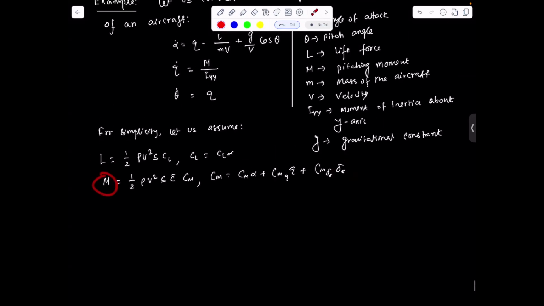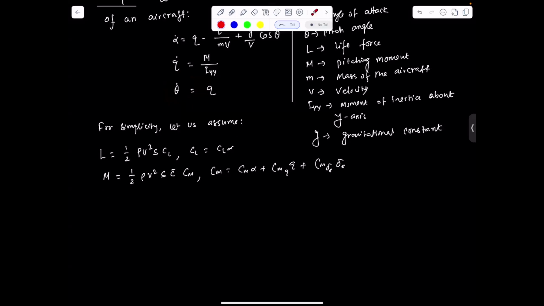Our main motivation is how to control the angle theta. So this is the parameter we are going to control through the backstepping design process.